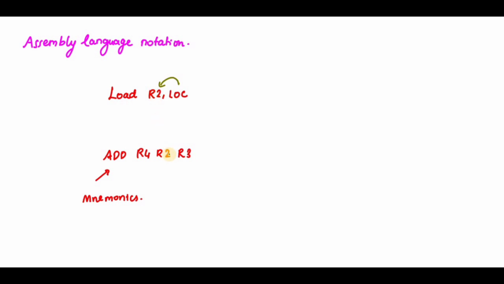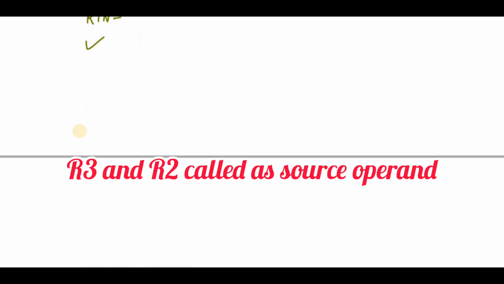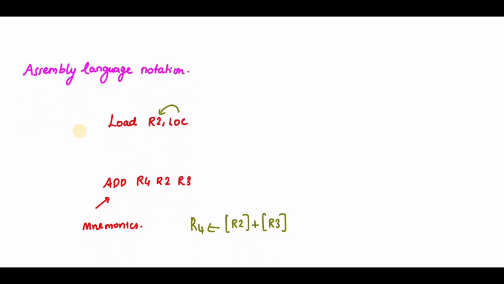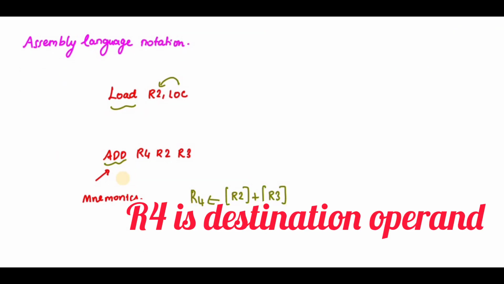Then we have to add R2 with R3, and the result gets stored in R4. So R4 is nothing but the content present in R2 and R3 added together. This is the register transfer notation, whereas in assembly language we use the load and add mnemonics.